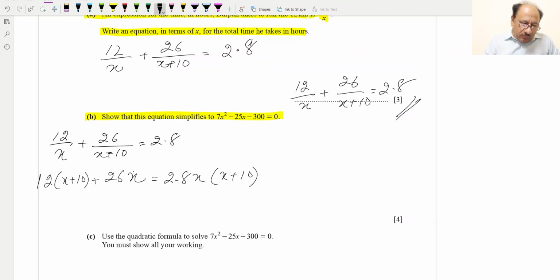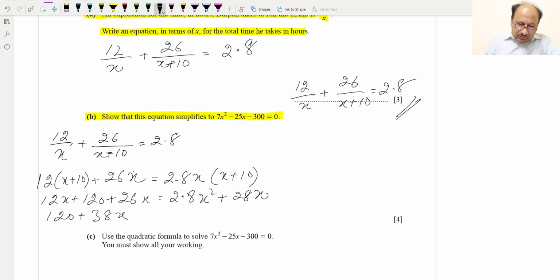So now we can open the bracket. It will be 12x plus 120 plus 26x is equal to 2.8x squared plus 28x. Now we can add the like terms, so this side will be 120 plus 38x, and is equal to 2.8x squared plus 28x.